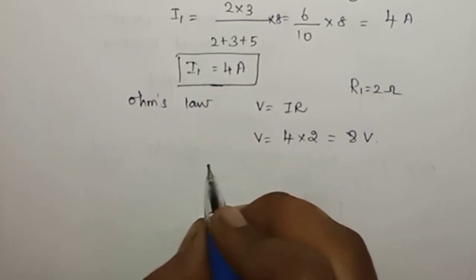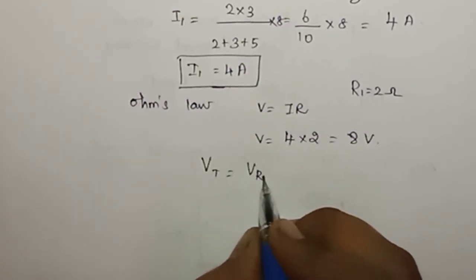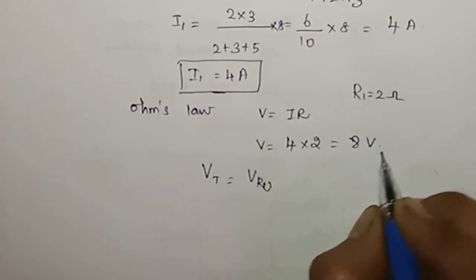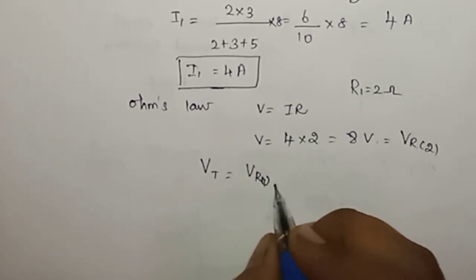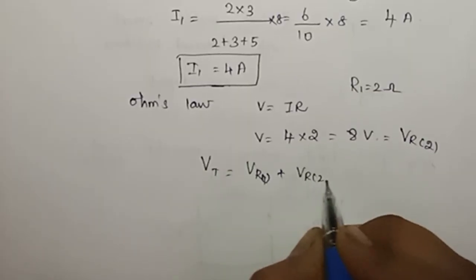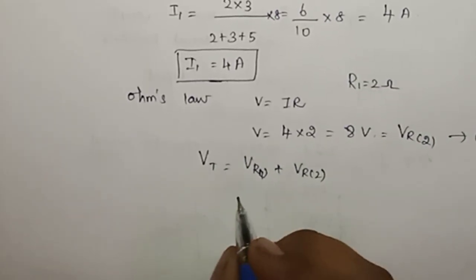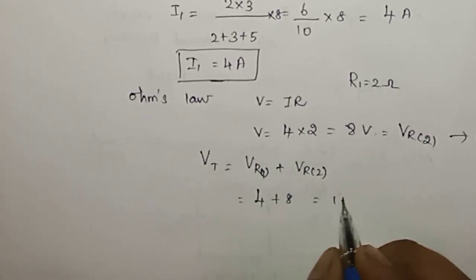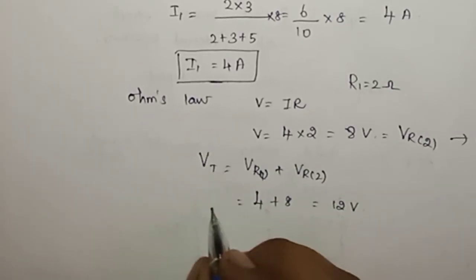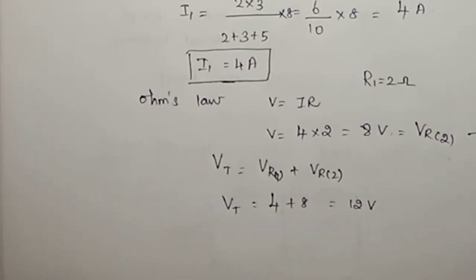Here we have to find the total voltage drop in the 2 ohm resistor, that is Vt equal to VR1 plus VR2. This is considered as the second equation, equal to 4 plus 8 equal to 12 volt. That is the voltage drop due to the current source and voltage source together, 12 volt.